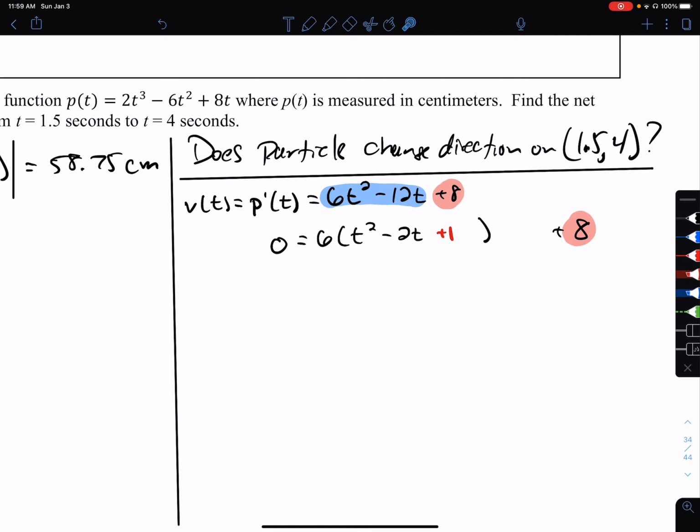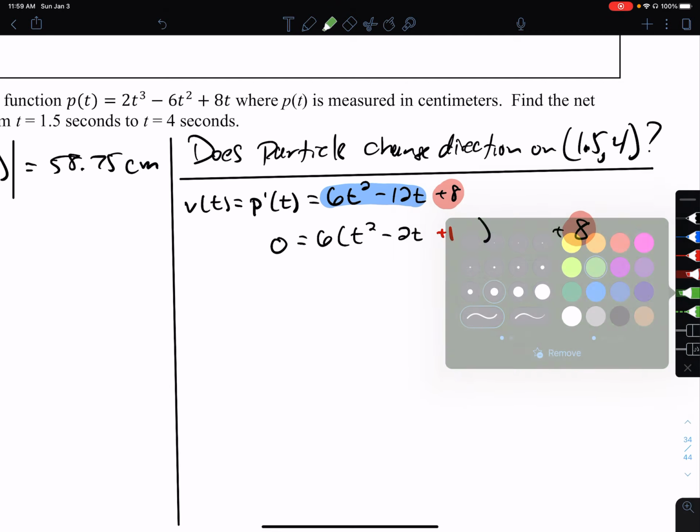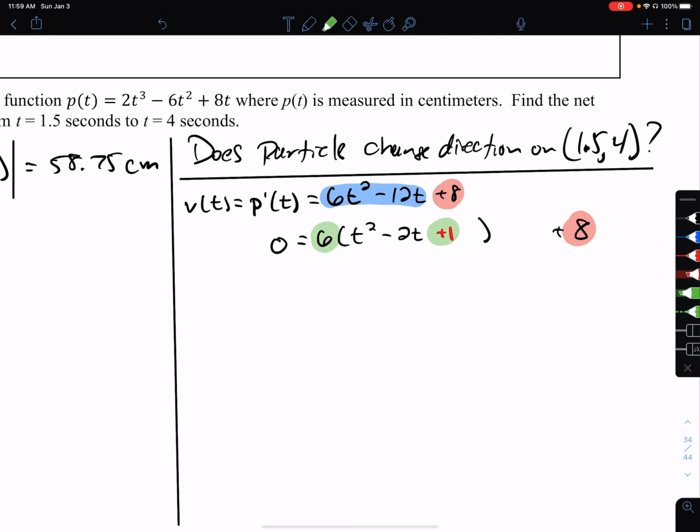Now keep in mind, although this looks like I'm adding 1, I'm actually adding 6 times 1, because that gets distributed. So to counteract it, I have to subtract a 6. If I add a 6 and subtract a 6, it doesn't change the value of what's happening, it just changes how this looks.